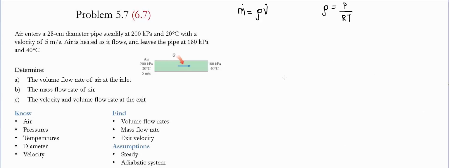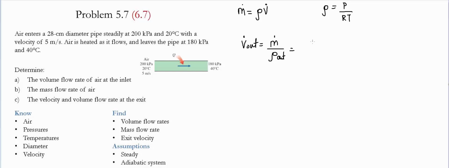The next step is to find the volume flow rate at the exit. In order to do that, we're going to use the same relationships as before. The mass flow rate stays the same to follow continuity. Then, to find the volume flow rate at the exit, we simply take the mass flow rate divided by the density at the outlet.